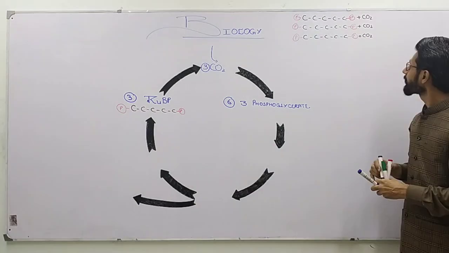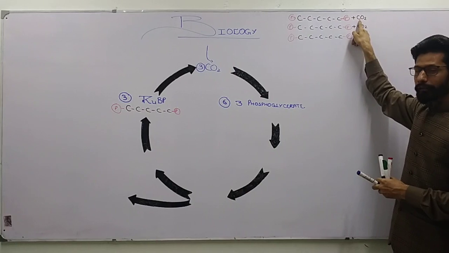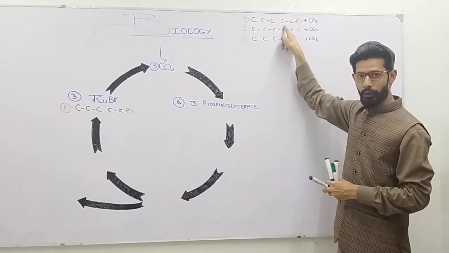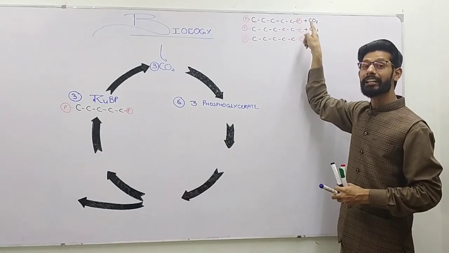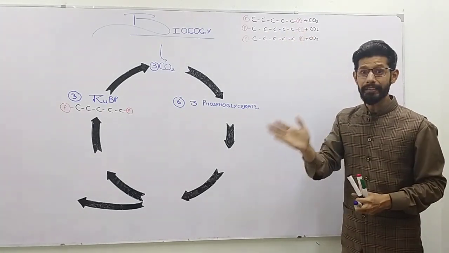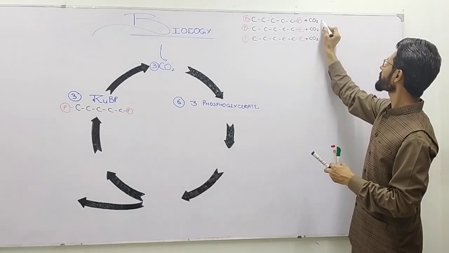What happens here? After the addition of carbon dioxide to ribulose bisphosphate, the 5-carbon compound converts into a 6-carbon compound, like this.